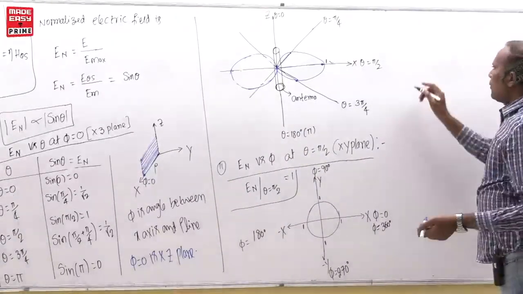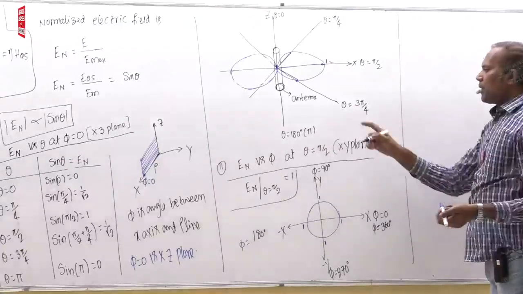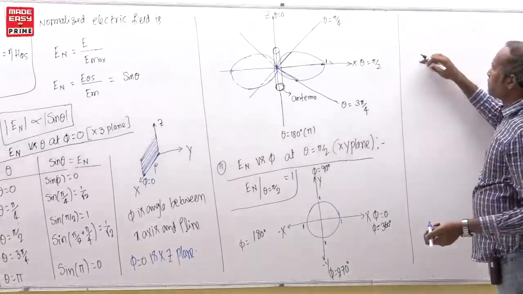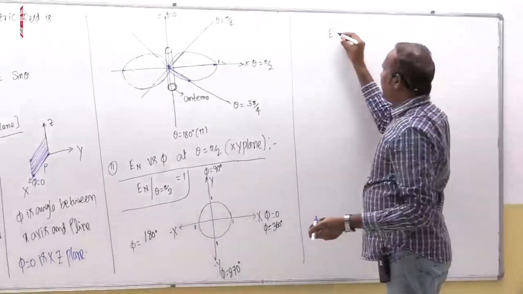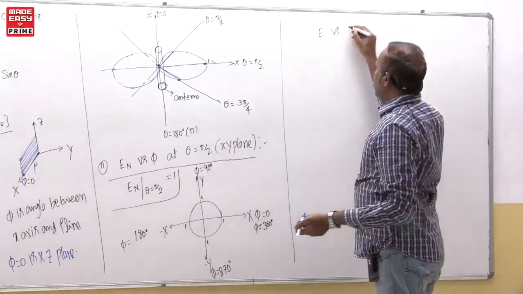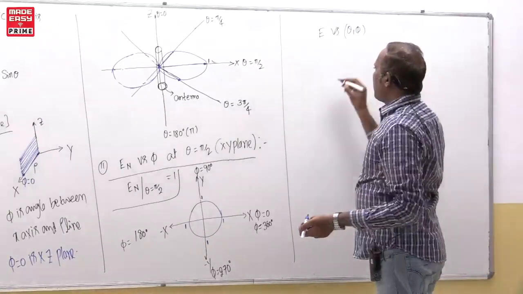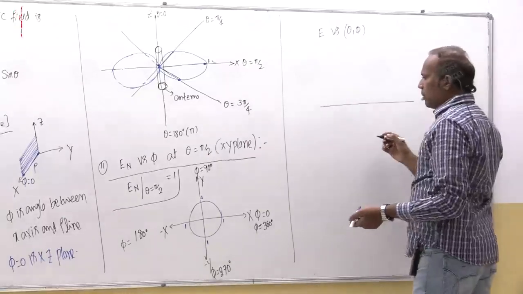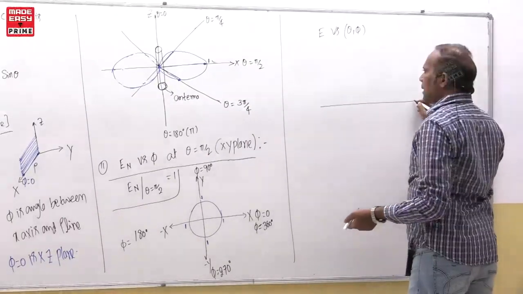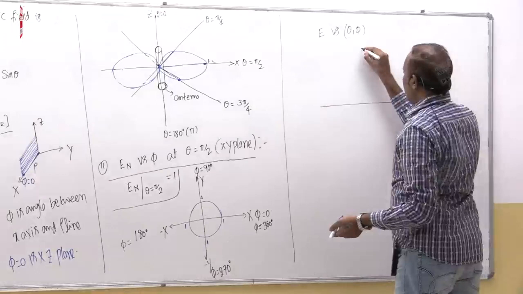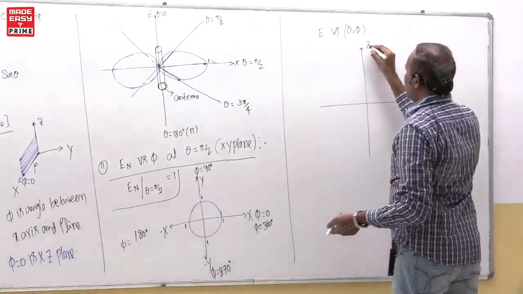Now if you superimpose them one upon the other, the plot of electric field versus theta comma pi is like this. If you superimpose them, this is the x-axis and this one is the z-axis.